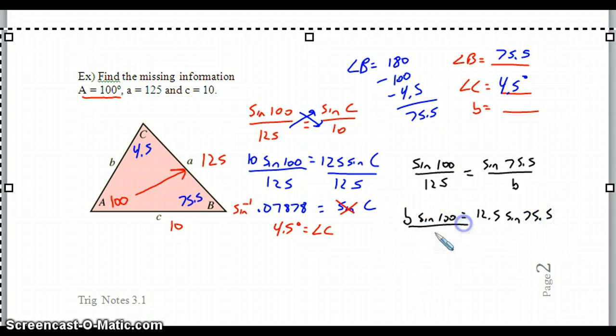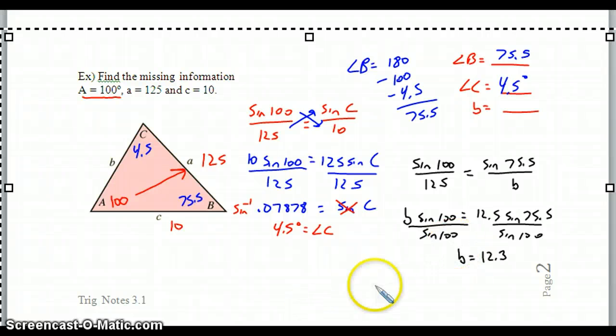We'd have to get rid of the sine of 100 by dividing. So 12.5 sine of 75.5 divided by the sine of 100. I get 12 point, I round it 3. I just realized that I made a mistake here. This wasn't 12.5, this is 125.